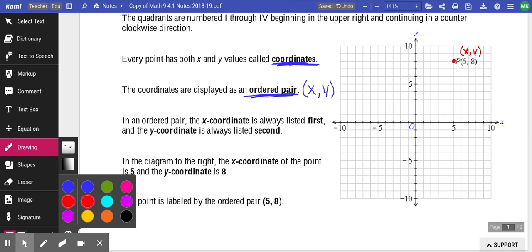X tells me how far to the right I went. So I went 5 to the right. 1, 2, 3, 4, 5. And then the Y value is 8, which means I go 8 up. So 1, 2, 3, 4, 5, 6, 7, 8. And that's how you get to that spot. X left, right, Y up, down.